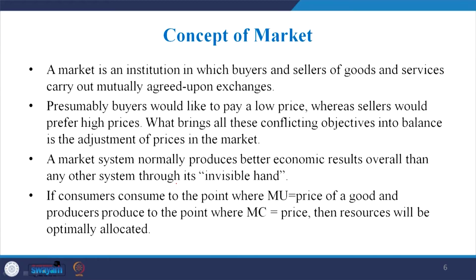Presumably buyers would like to pay a low price, whereas sellers would prefer high prices, obviously, because when we as consumers would like to buy a particular product, we would like to pay less, but the seller would like to get a higher price. So, what brings all these conflicting objectives into balance is the adjustment of prices in the market, and that is known as the price mechanism.